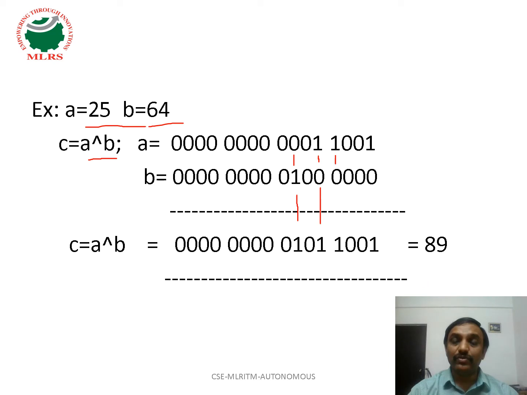Here 1, 0, both the inputs differ, the result is 1. In all the remaining cases, A value is 0 and B value is 0, that is both are the same, so the result is 0. So this is the binary form, we have to convert into decimal form. This is the resultant decimal value for C.